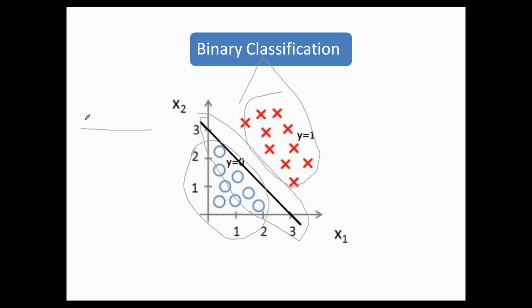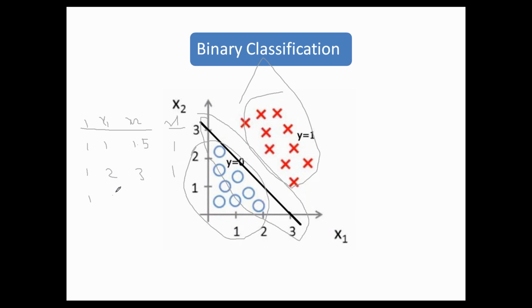So you will have a table with x1 and x2. Suppose this is 1, this is 1.5. You have data like this: x1 is 1, x2 is 1, and y is 1. You have several such data points. 1, 2, 3 belongs to class 1.